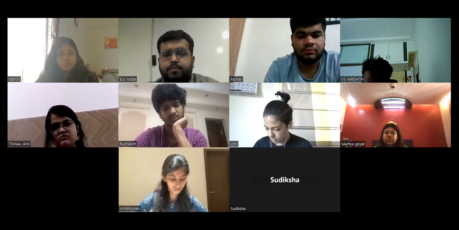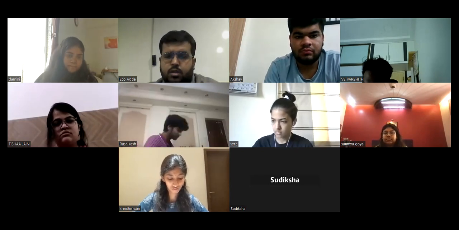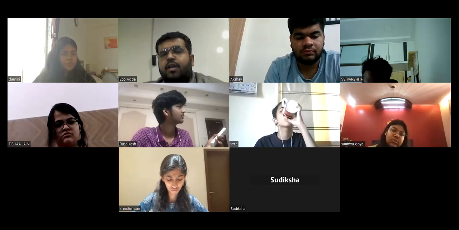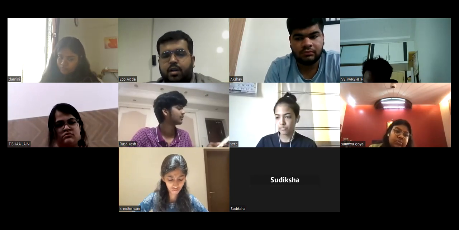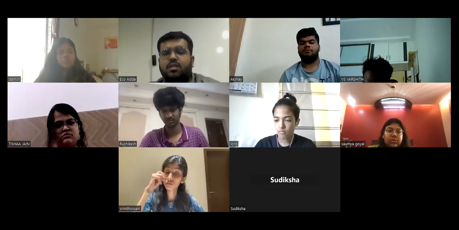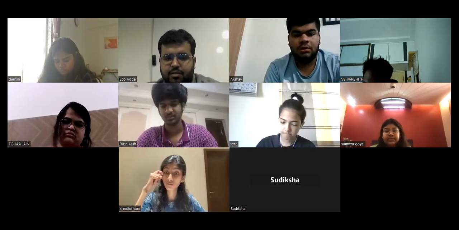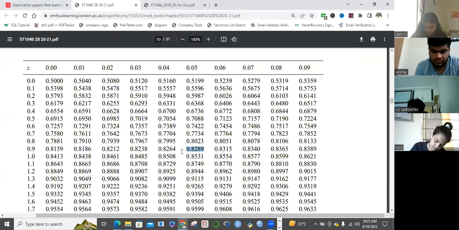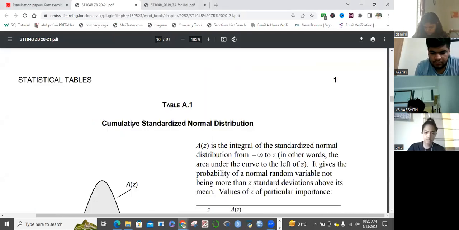For reading every table, is it the same method, or are there different methods? It depends on the table. There are different methods. How do we identify that this one has to be table number 4? As per the table provided by University of London, that is table number 4. In this case, it is written that it is a cumulative standard normal distribution table.